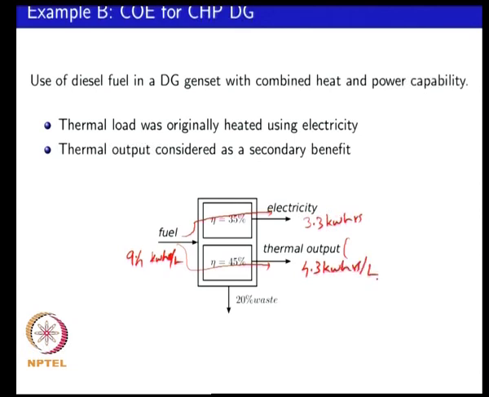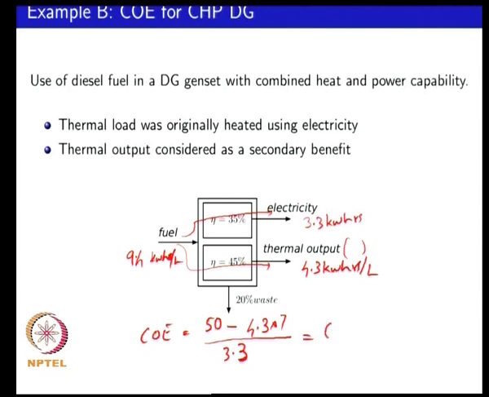And then if you look at your cost of energy, you have your fuel cost which is 50 rupees per liter, and the benefits that you are getting by making use of this to prevent your electricity consumption at an alternate point, you would have 4.3 kilowatt hours into 7 rupees per unit which you are saving, divided by your energy production of 3.3 kilowatt hours.